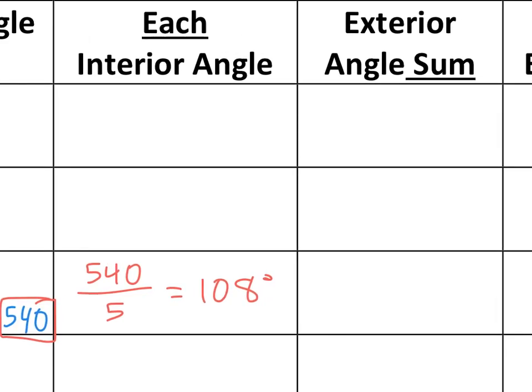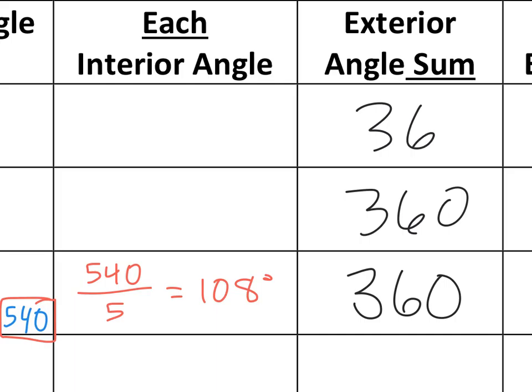Now, exterior angle sum. This actually never changes, so that's pretty nice. Everywhere on this column, no matter what the shape is, it should add up to 360 as exterior angles. So this will be 360, this will be 360, and the same thing going down. That one never changes.